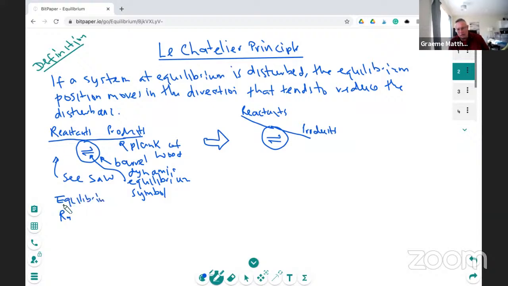Equilibrium means that the rate of the forward reaction equals the rate of the reverse reaction.